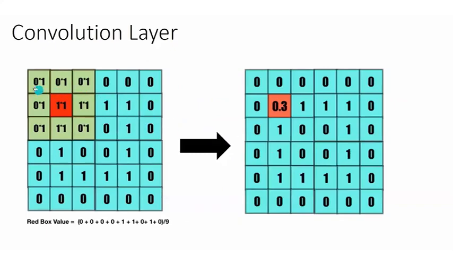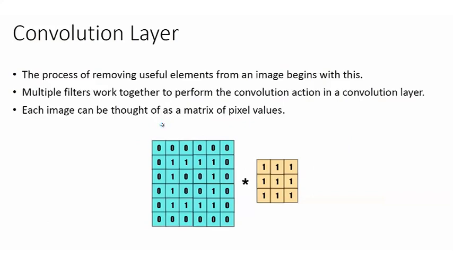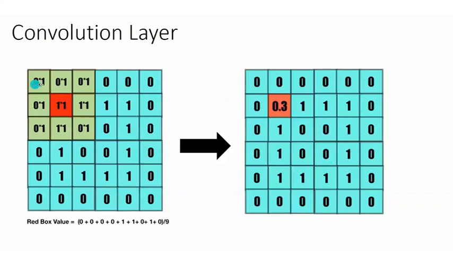As I said earlier, if we look at this one, I overlay this filter on top of this one. Then 0 into 1, 0 into 1, 0 into 1, like that. Here you can see 0 into 1, 0 into 1, 0 into 1. Then here 0 into 1, 1 into 1. Here only we can see 1. All others are 0.